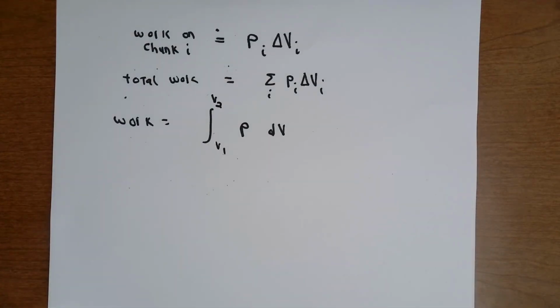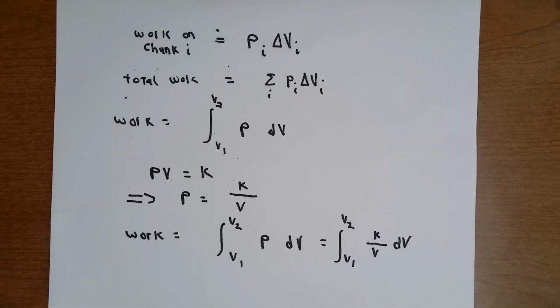I'll call those volumes V1 and V2. At first glance, this doesn't look too promising because I have variable P and I'm trying to integrate it with respect to variable V. This is where I bring in that fact that relates the pressure to the volume.